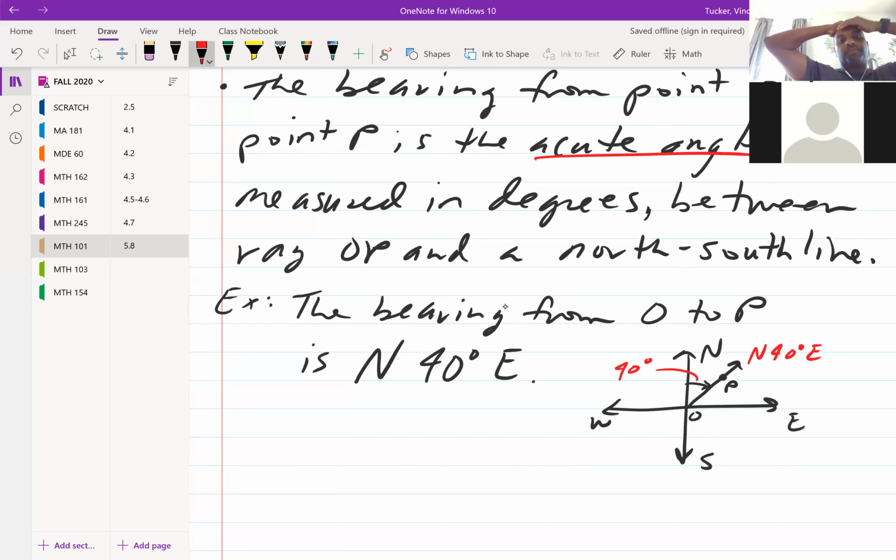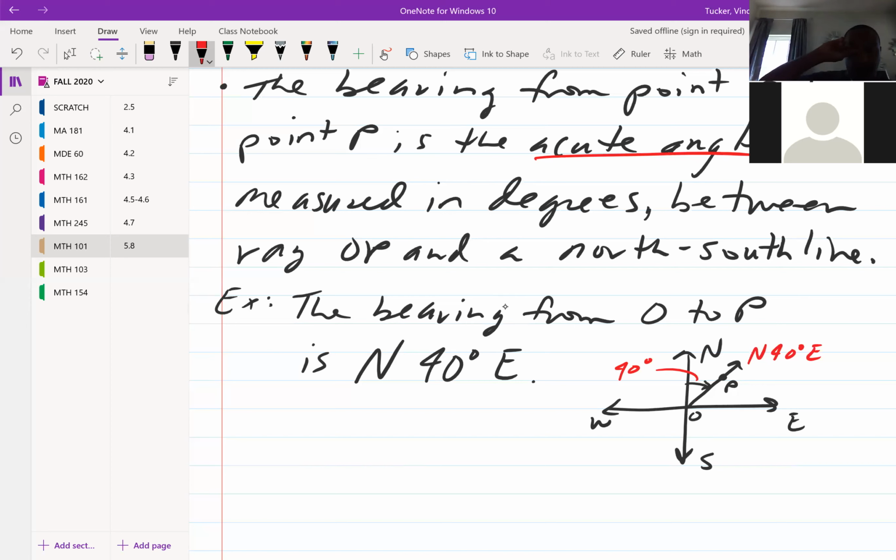All right, so first one, the bearing from O to P is north 40 degrees east. I guess that's how you say it, unless it's northeast 40 degrees. Somebody can always correct me. I'm not that guy, but I do my best. So it's either north 40 degrees east or northeast 40 degrees.